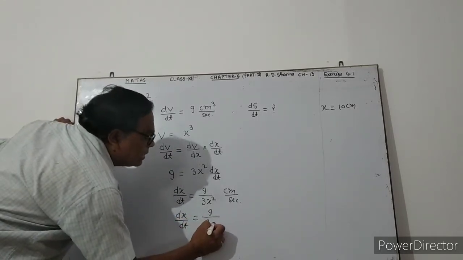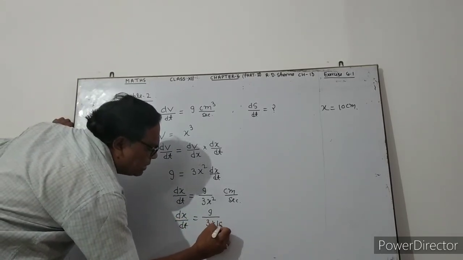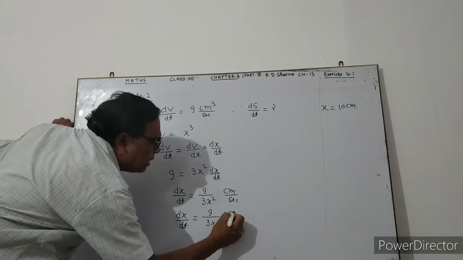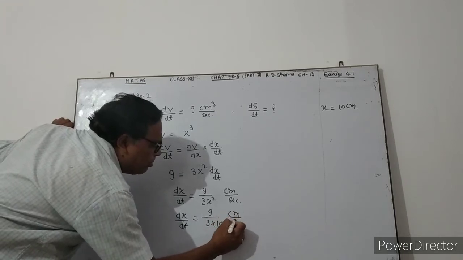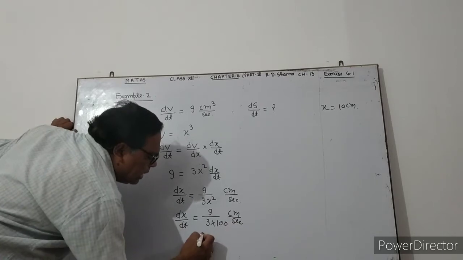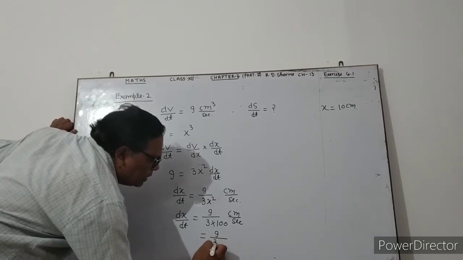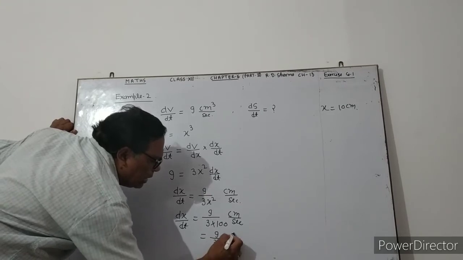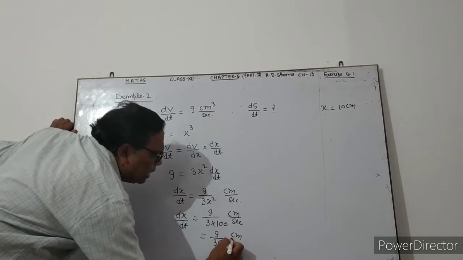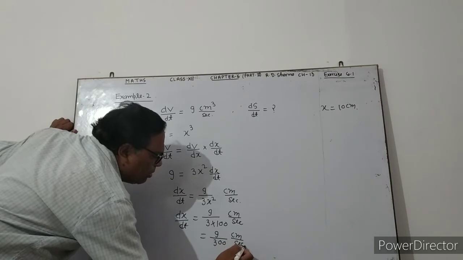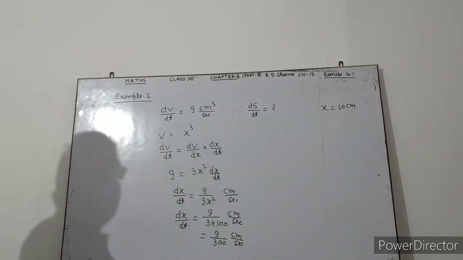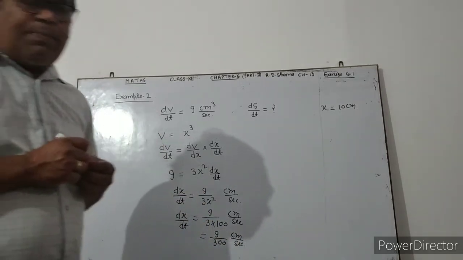The value of x is 10 and x square is 100. So this is 9 upon 300 centimeter per second. This is the value of dx upon dt.